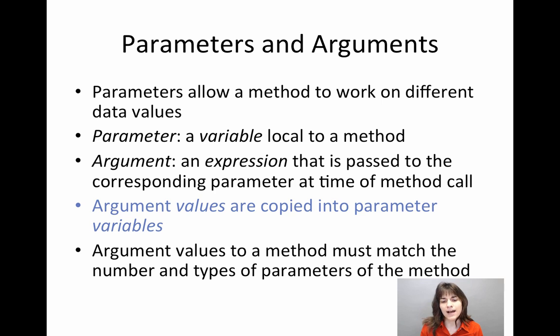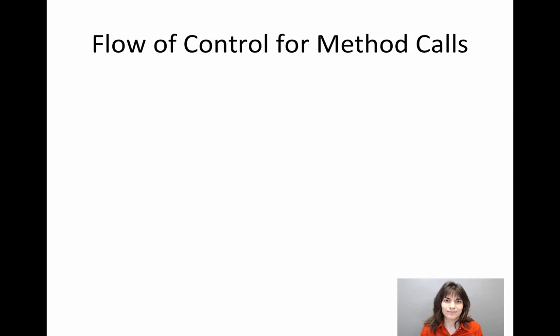The argument values to a method obviously must match the number and the types of parameters of the method. Otherwise, we will have a compile time error. What exactly happens with the control flow when we make a method invocation?